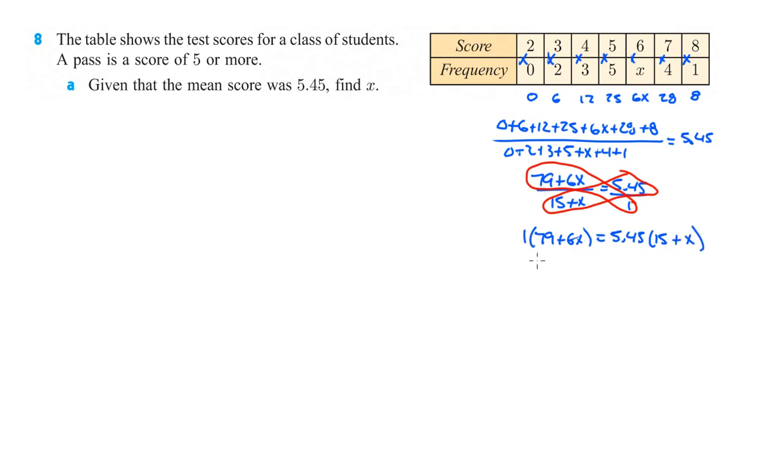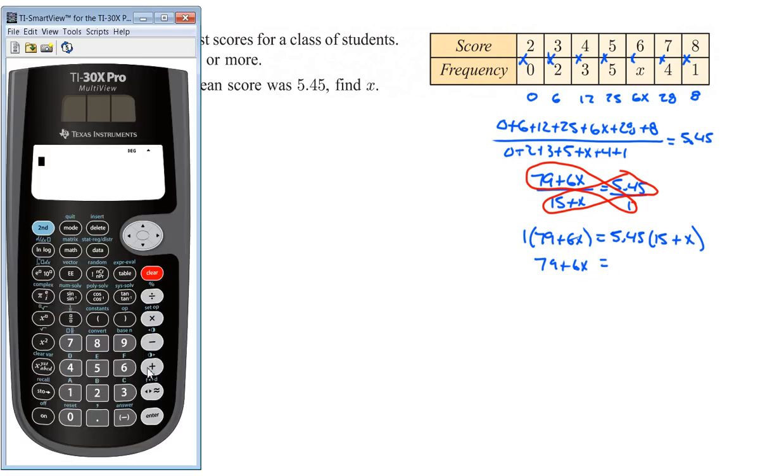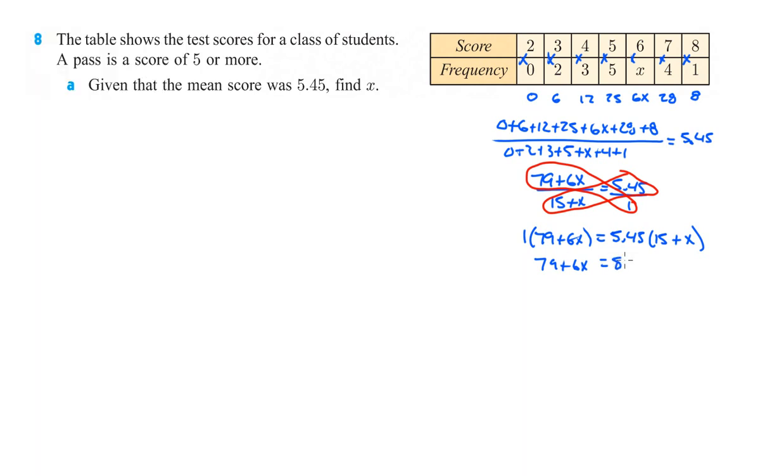Okay, so distribute the 1 through, and we're just left with 79 plus 6x. Distribute the 5.45 through, and what do we get? 5.45 times 15 gives us 81.75 plus 5.45x.